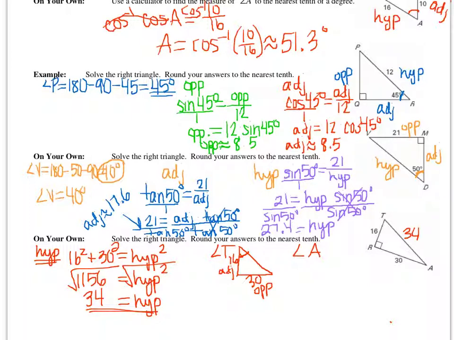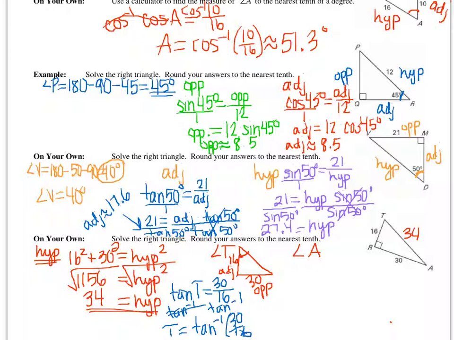So I can write the problem, the tangent of my angle T is opposite, which is 30, over adjacent, which is 16. Now to get my angle T alone, I'm going to use the inverse tangent. So I'll do that to both sides. So my angle T equals the inverse tangent of 30 divided by 16.